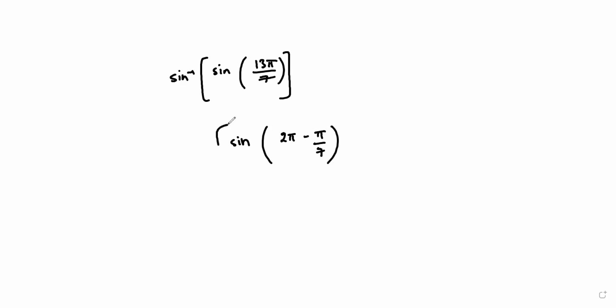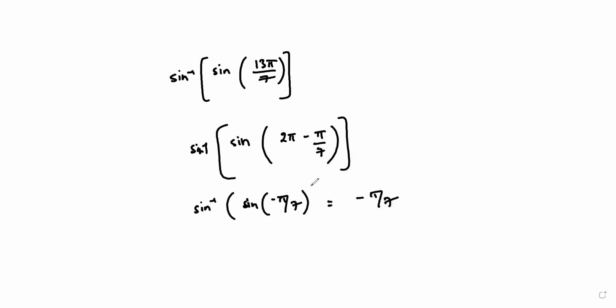So sine inverse of sine of minus pi by 7. So the answer will be minus pi by 7. It belongs to minus pi by 2 to pi by 2. Right? Yes, sir.